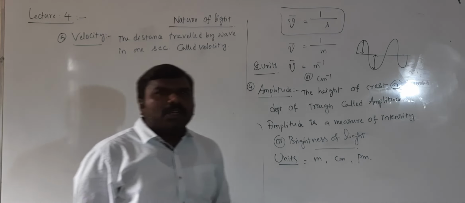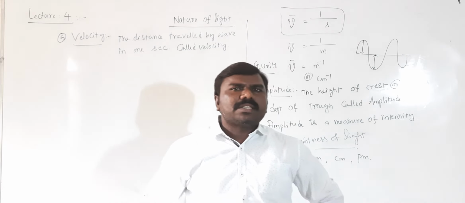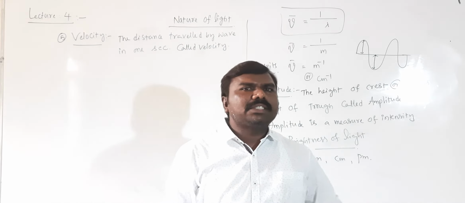All types of electromagnetic radiations have a velocity the same as the velocity of light.